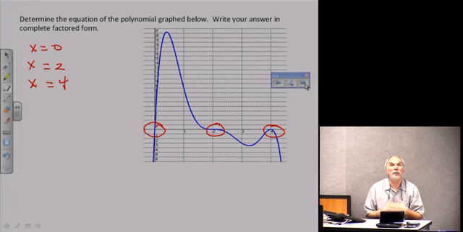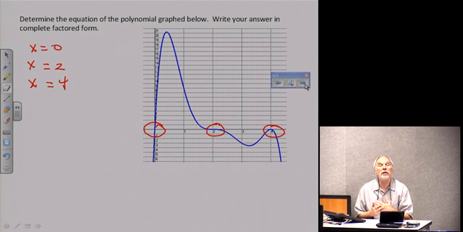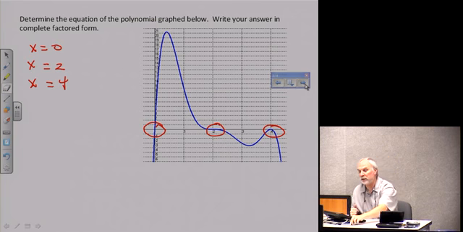Now we need to determine the multiplicity of each x-intercept. If you take a look at x equals 0, our graph shoots right through the origin. And if you notice, our graph shoots through the origin just like it's a straight line. Well, a straight line is multiplicity 1. So that x-intercept at 0 has a multiplicity of 1.